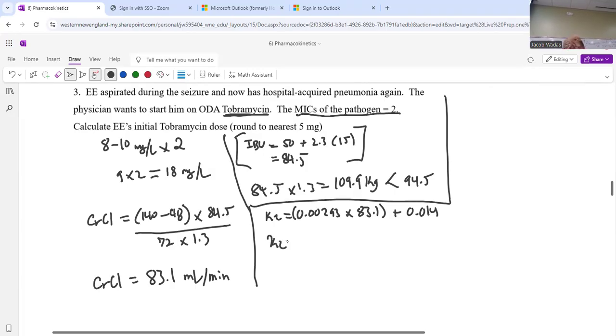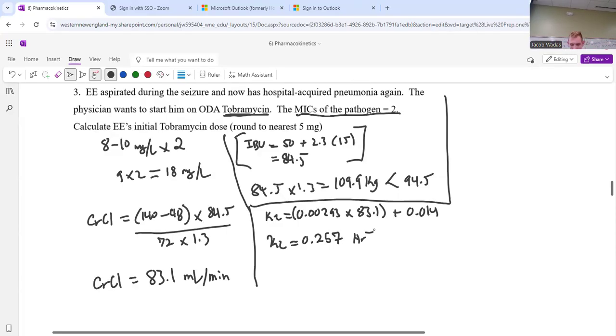Let me know what you get for the elimination rate constant. 0.257, perfect, yep. What's the unit on that? Hours negative one.